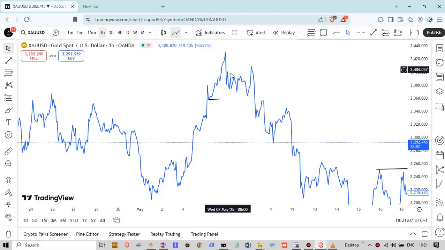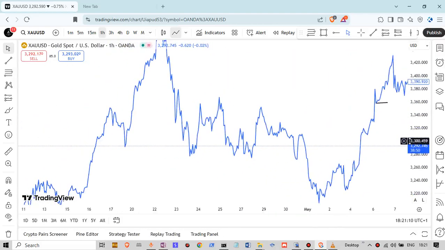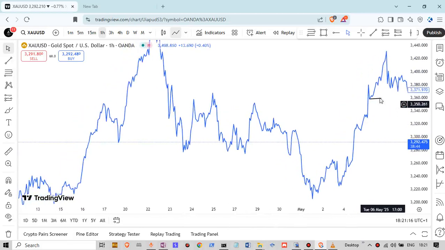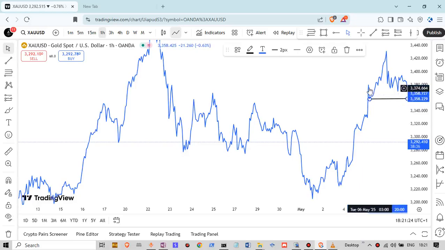Now imagine that these guys have not formed downwards. Let's just say we are like this on the chart and these guys had not formed downwards. At this moment I will just put a line out here, stretched to the right. Do you understand? Then I want to see that this guy is broken upwards.